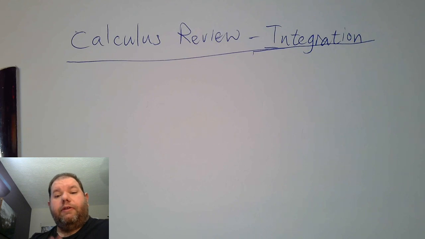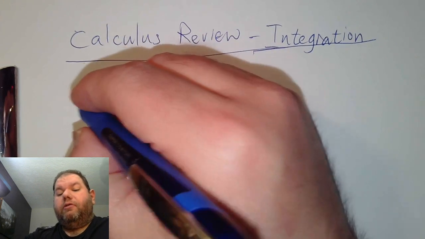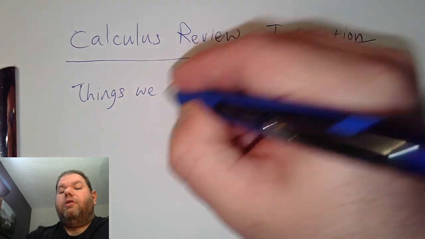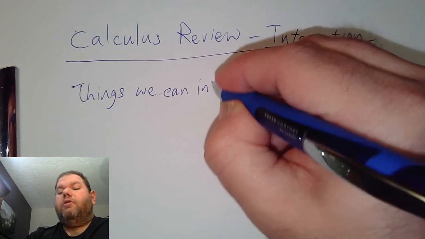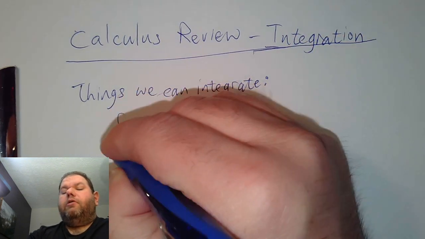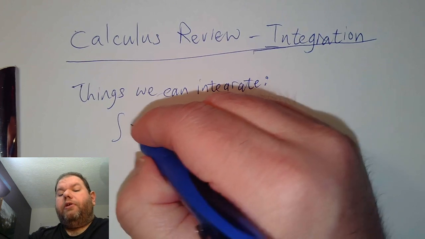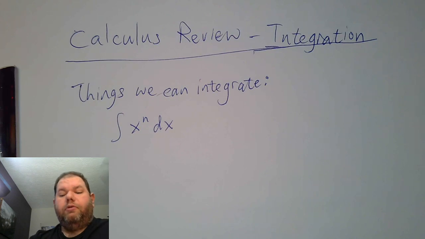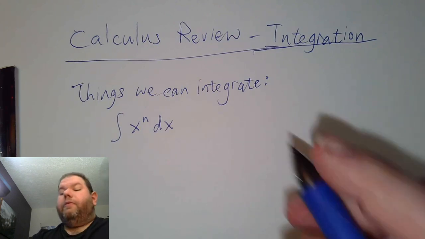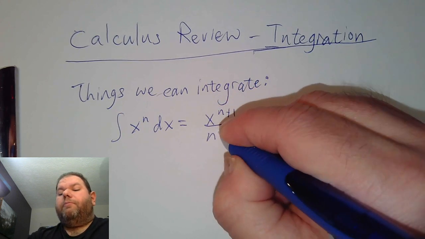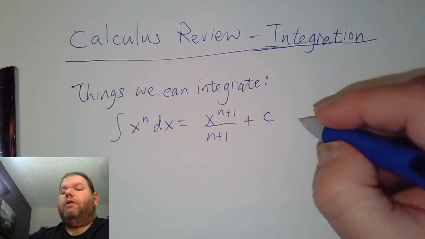First of all, let's look at the things that we already know how to integrate. Certainly we know that the integral of x to the n, this is our power rule for integration, will be x to the n plus 1 over n plus 1 plus c.